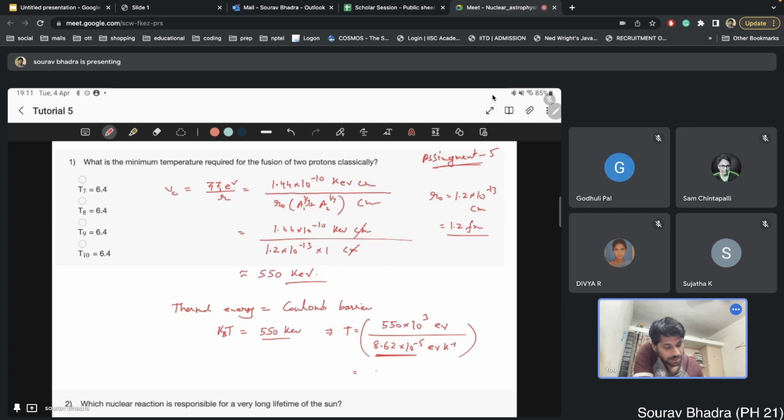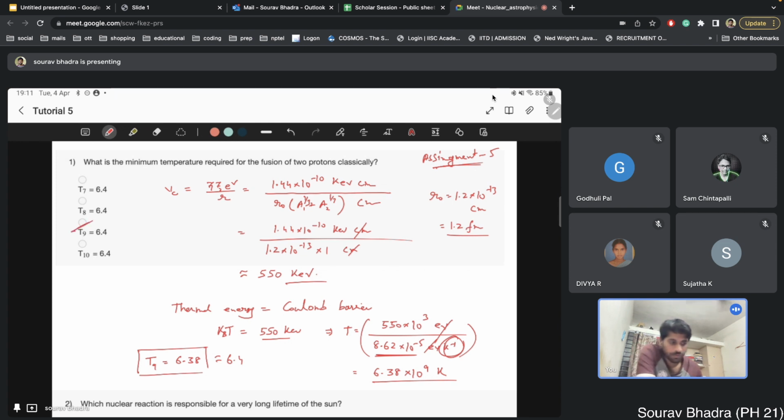And it will be 6.38 times 10 to the power 9. The unit eV will be cancelled out. This is the temperature which is required, and as it is expressed as T9, we write T9 as 6.38, because T9 is T divided by 10 to the power 9 K. So 6.38, roughly 6.4, that is the answer.